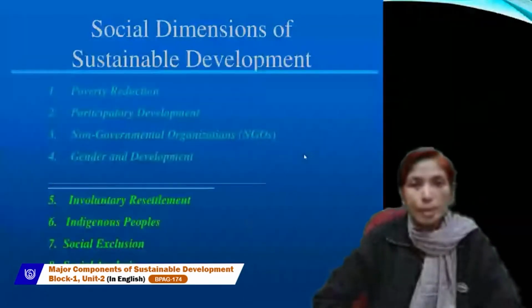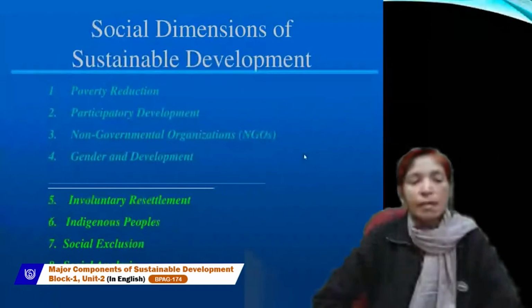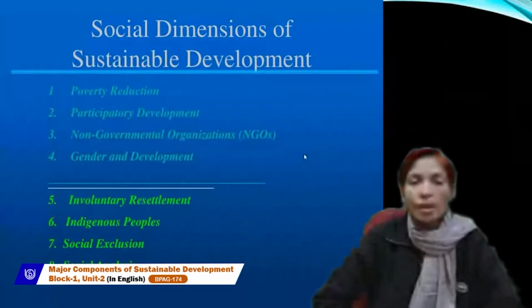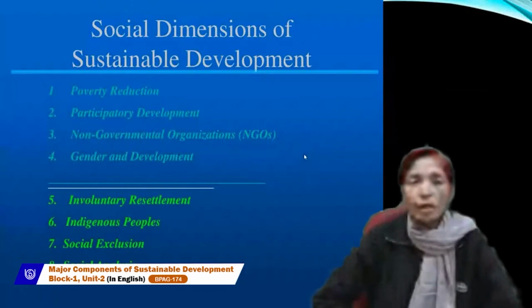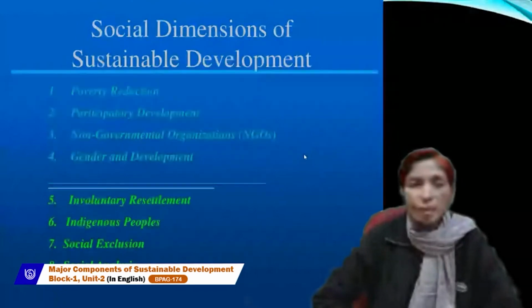And involuntary resettlement, indigenous people, and inclusive growth should exist in each and every country. We should not only focus on exclusive growth, or on showing that our GDP is higher, near about 8% or 9%.